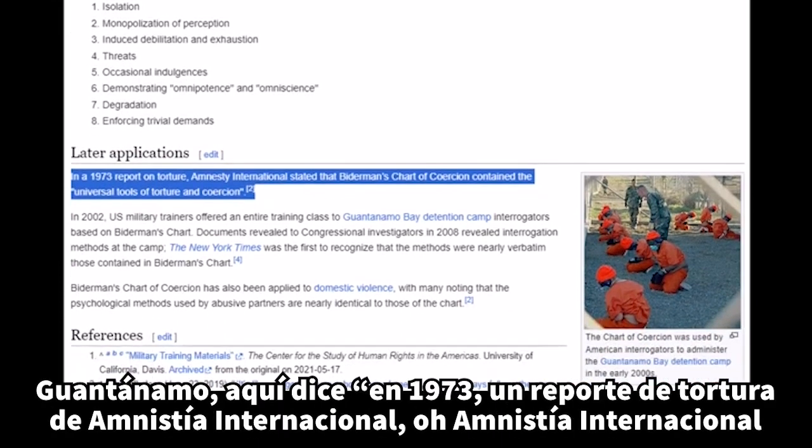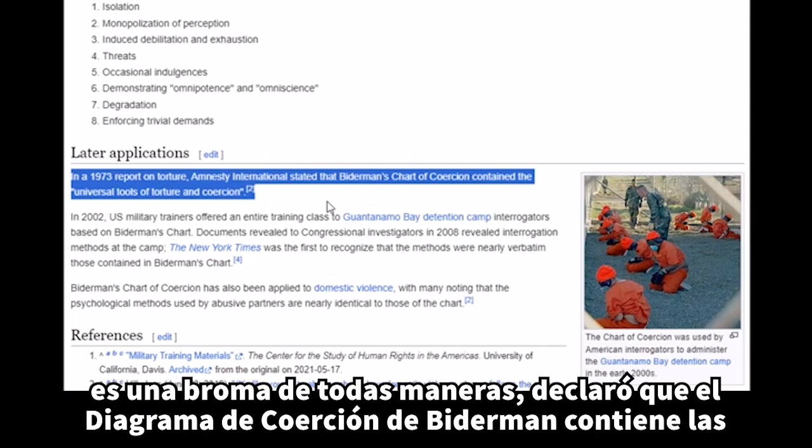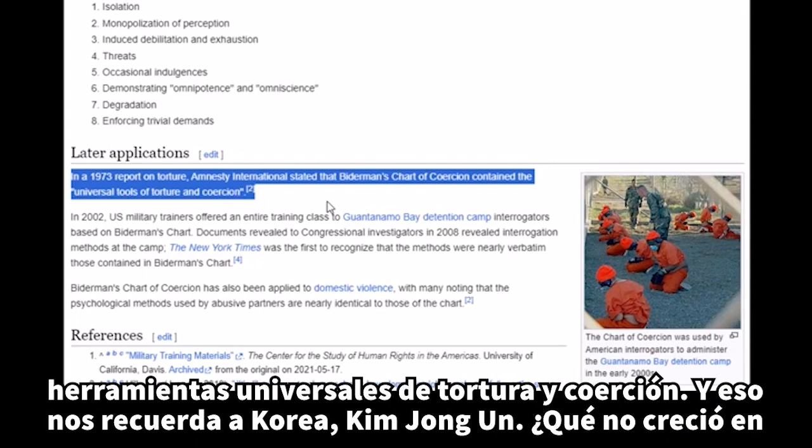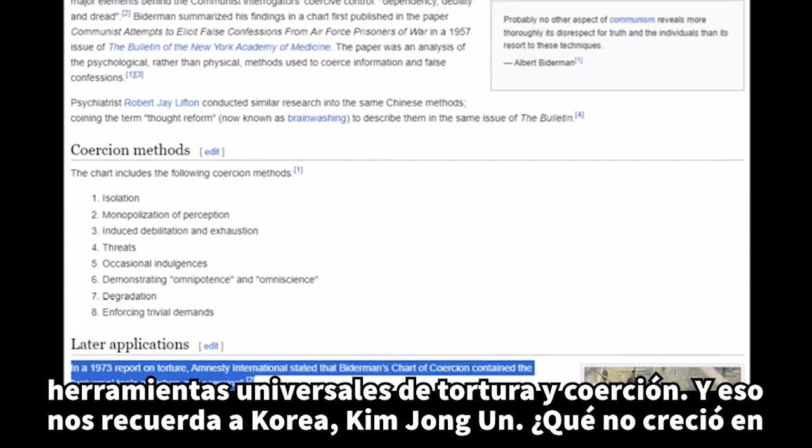Here you see Guantanamo. It says, in a 1973 report on torture, Amnesty International, which is a joke anyway, stated that Biderman's chart of coercion contained the universal tools of torture and coercion. And then remember Korea, Kim Jong-un.